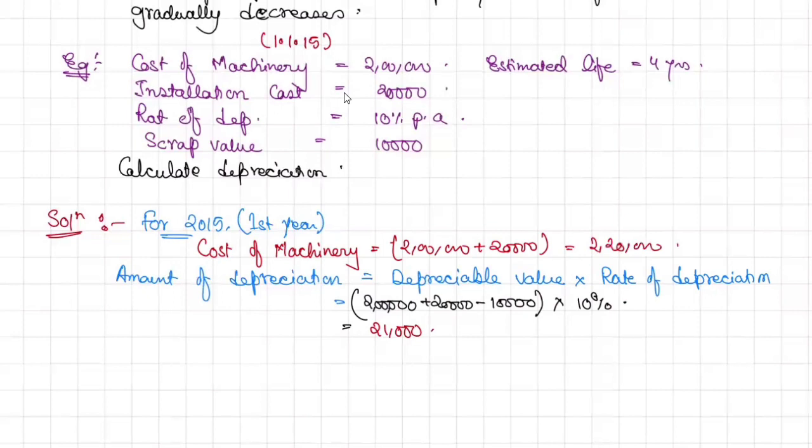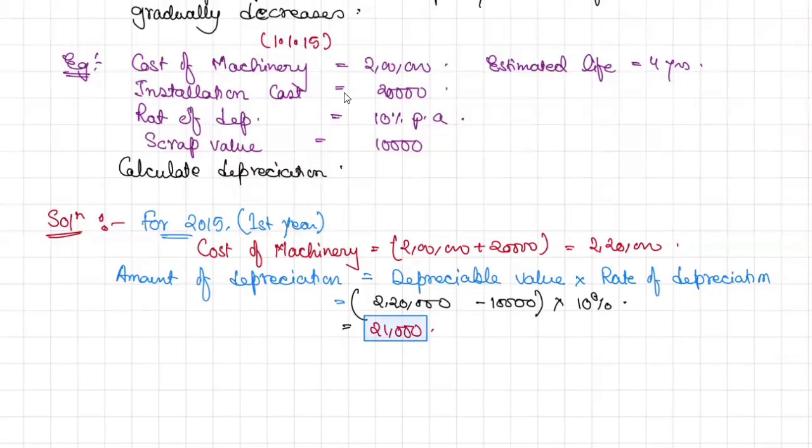So we'll write it like this: 2 lakh 20,000 minus 10,000, the scrap value, into the rate of depreciation. For the first year, this is the amount of depreciation. Now this is the only change.